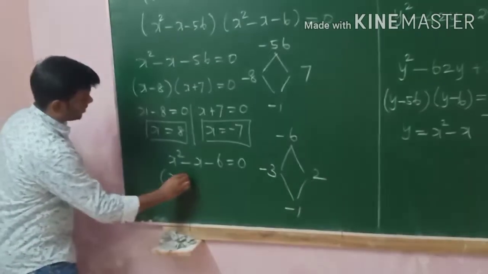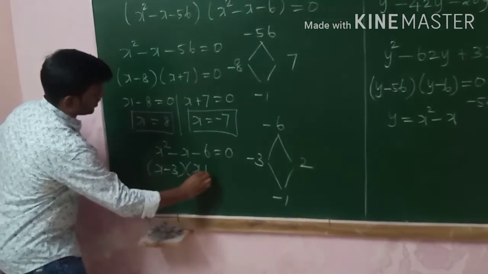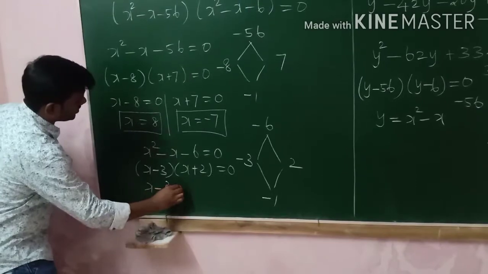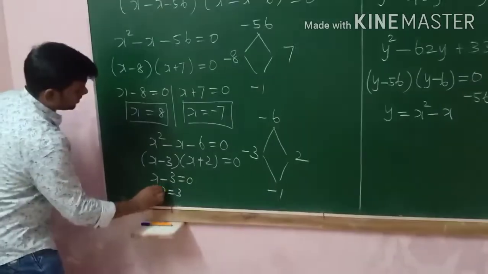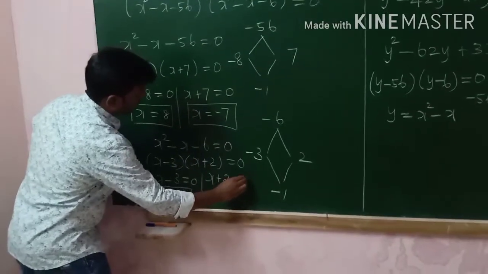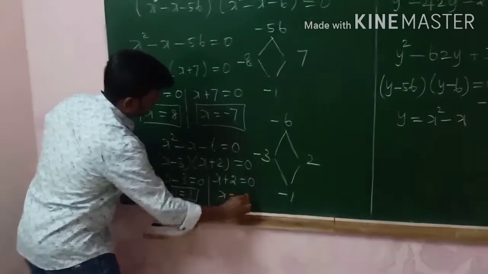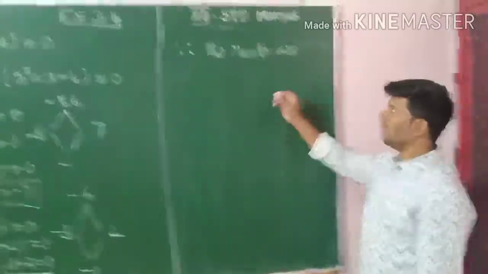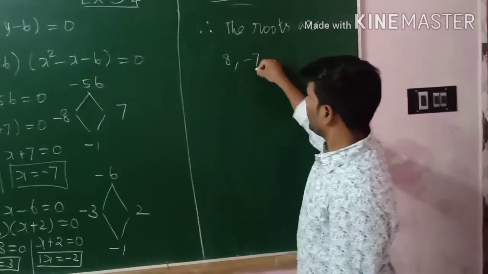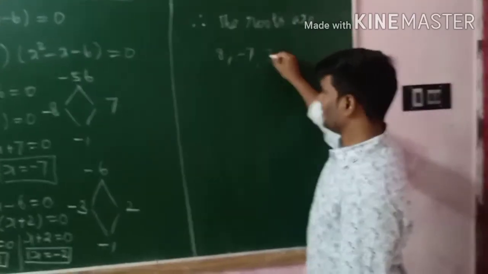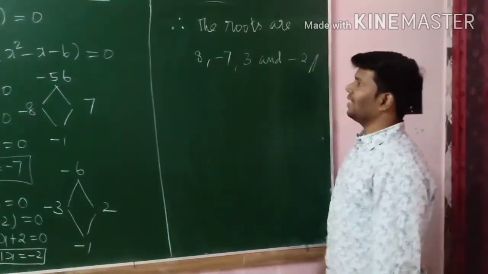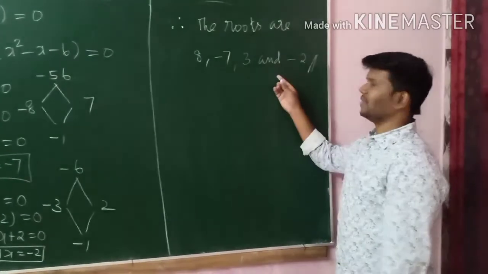So the factors are (x minus 3)(x plus 2) equal to 0. x minus 3 equal to 0, x is equal to 3, and x plus 2 equal to 0, x is equal to minus 2. Therefore, the roots are 8, minus 7, 3 and minus 2 for the given quartic polynomial.